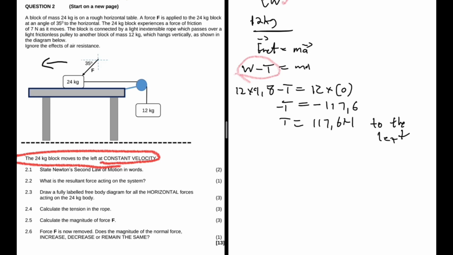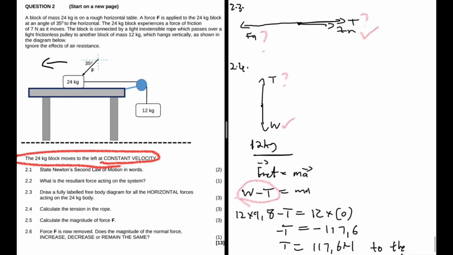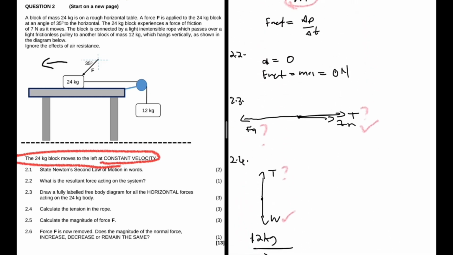So let's do 2.5. 2.5 says calculate the magnitude of force F. Now if we come back to our free body diagram for the 24 kg block, this unknown variable of tension, we now have it. So we have tension, we have friction, we just need FA.